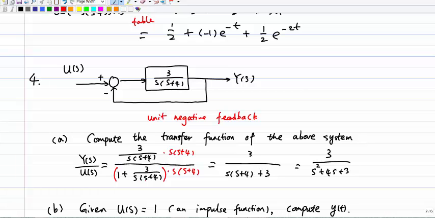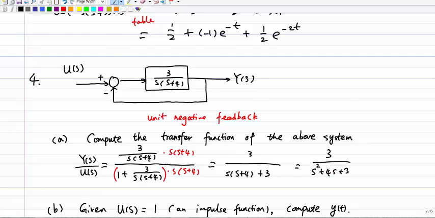That's my transfer function, Y(s) divided by U(s). To simplify, I multiply both the numerator and denominator by s times s plus 4. The numerator becomes 3, and the denominator becomes s times s plus 4, plus 3. Putting them together, I get 3 divided by s squared plus 4s plus 3. So that's my transfer function.